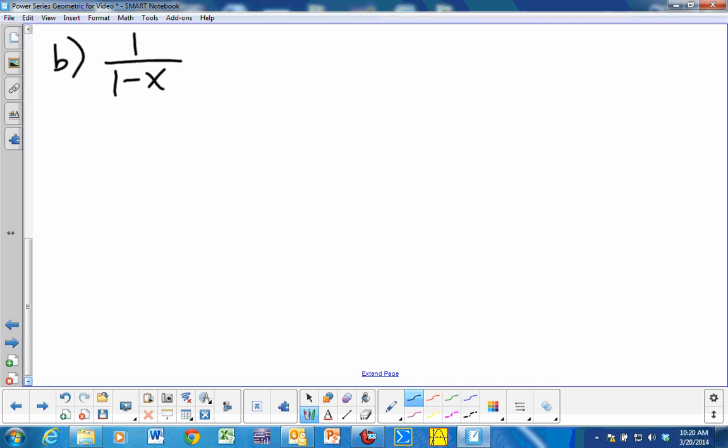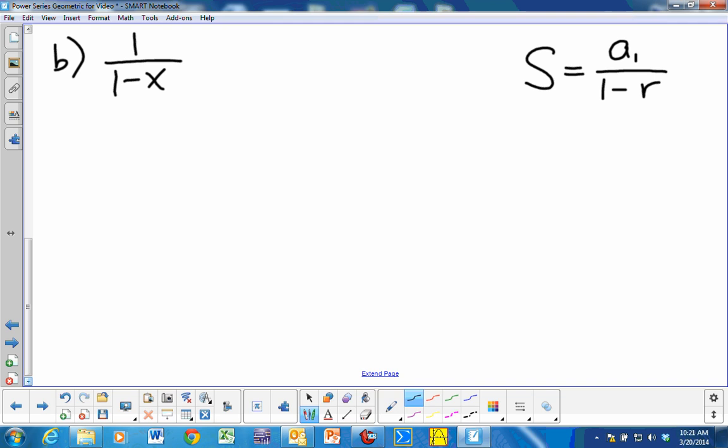If you have a geometric series and you get to the end of it and you find the sum, well, how do we find the sum? We take the first term and divide it by 1 minus the ratio. Doesn't that look very similar to what I have written over here?